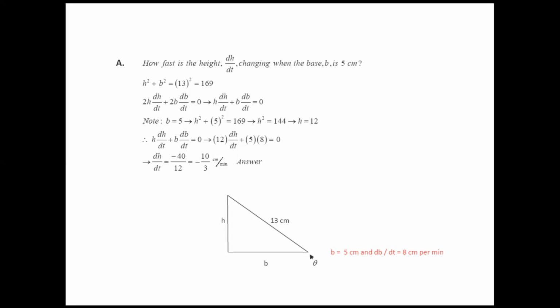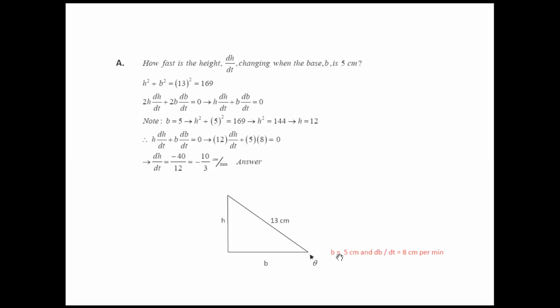So we need a relationship that involves base and height, and that's the Pythagorean theorem, which says that h squared plus b squared is 13 squared. That's what we've written here, and 13 squared is 169. Now, we want dH dt.